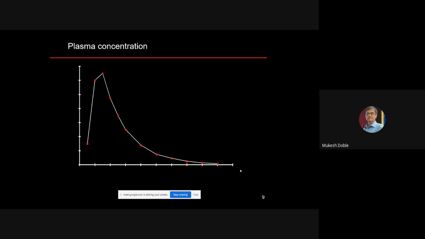It depends on how good the absorption is and how fast the degradation and excretion take place in the body. It may come out very fast or it may remain longer. So this graph is also very, very important, and there are some models one can look at to do that. We did not talk about it.